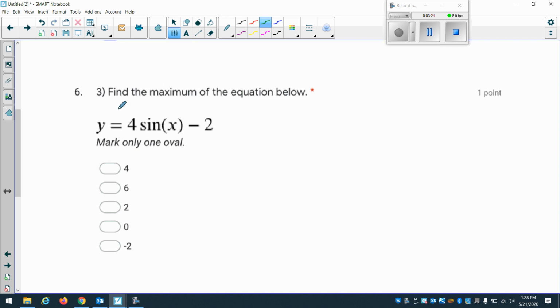Now find the maximum of the equation below. Well, you could draw yourself a picture, or you could just simply add. So we have this graph here. Sorry, it's not that great. -2 is the midline. So to find the max and the min, we apply the amplitude, which is 4.